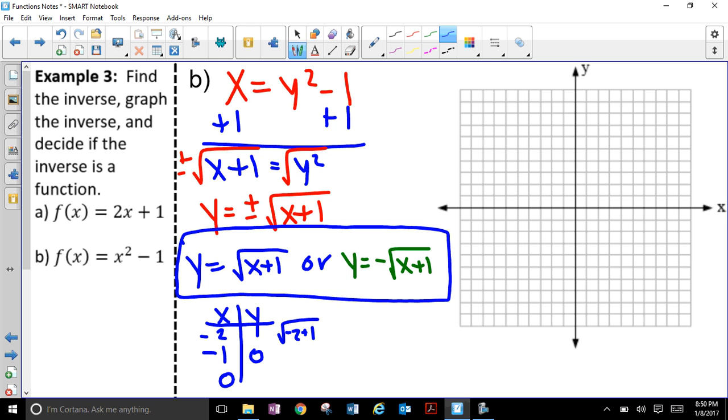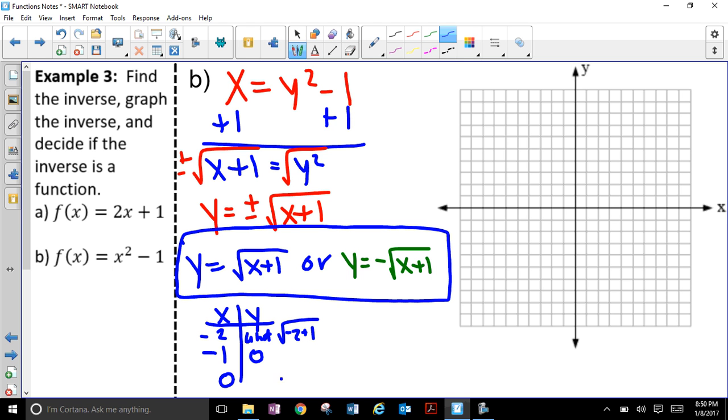Can you take the square root of a -1? No, you would get an imaginary number like you talked about in Algebra 2a, which we can't graph. So I'm going to put UND for undefined. So I can't graph -2 on the x.